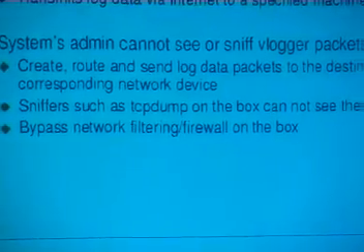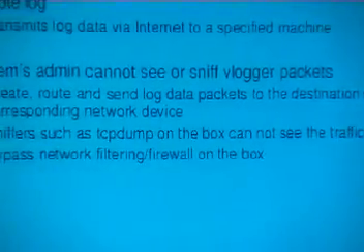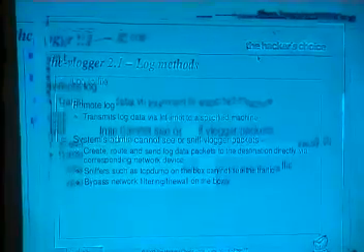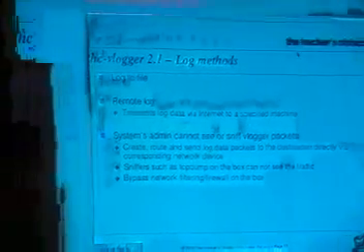As I said before, the system admin cannot see the VLogger packets from other machines located in the network, by creating, routing, and sending the log packets to the destination directly with the corresponding network device. So it can bypass the network filtering in the box, and if you set a fake IP address and fake port, you can also bypass the firewall restrictions on the network.